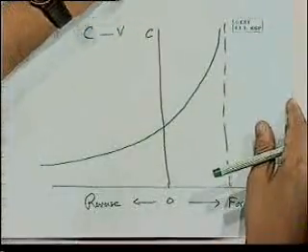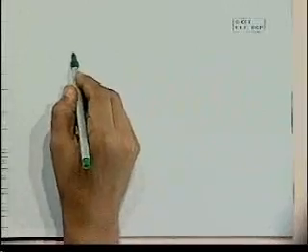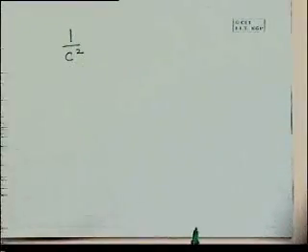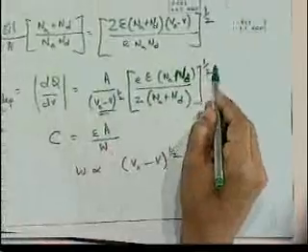One way to do that extraction is to take a look at that equation for capacitance and rewrite it in terms of 1 by C squared. We had an expression that was C is equal to something to the power half.